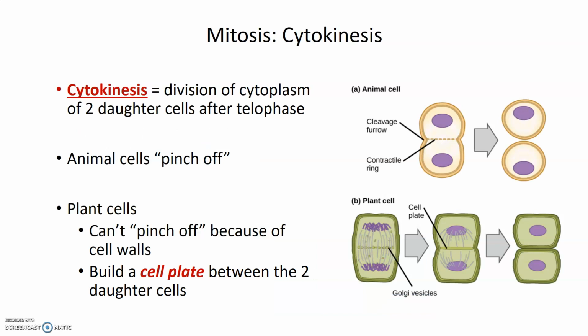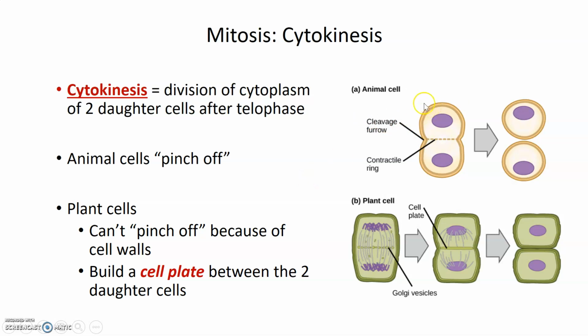That happens through the division of cytoplasm during cytokinesis, where the one large cell in telophase, which has two nuclei, is ultimately physically divided into two. And so in animal cells, this process is a little bit simpler.